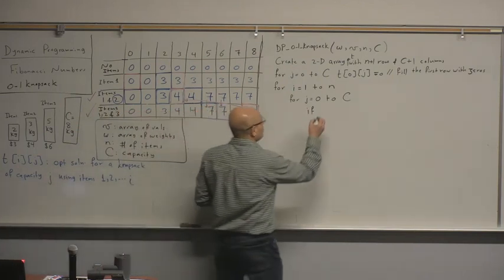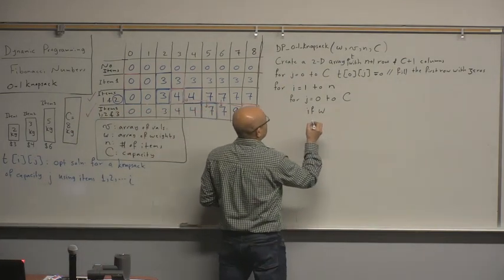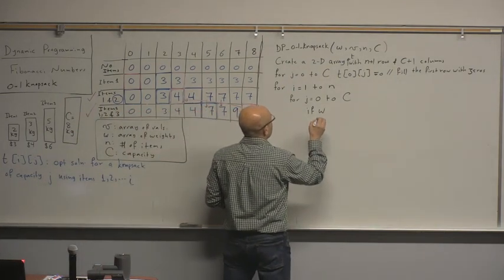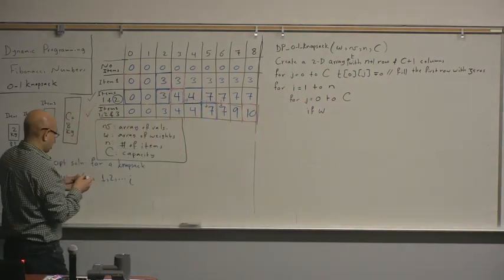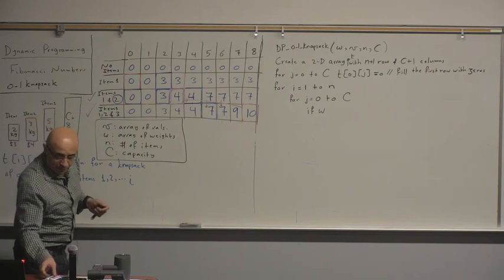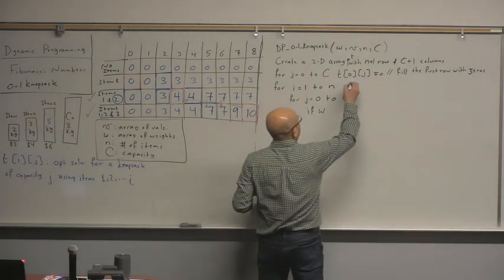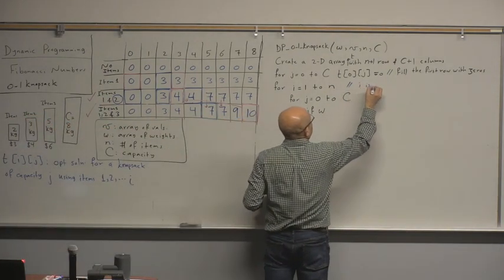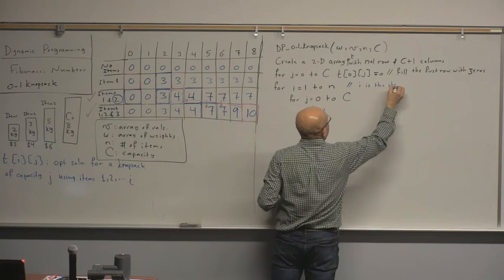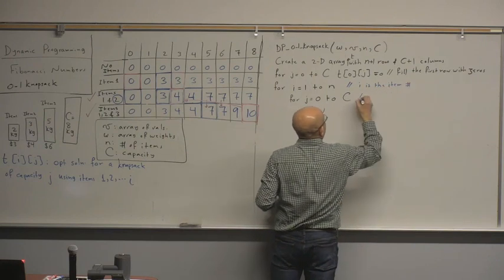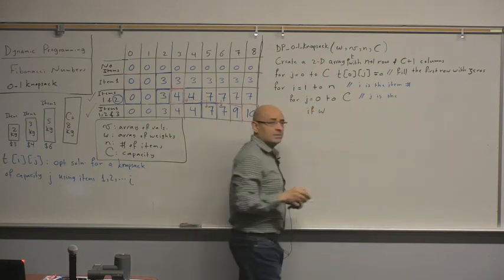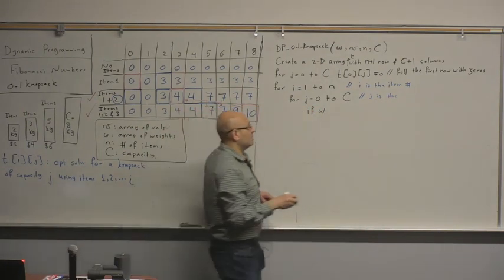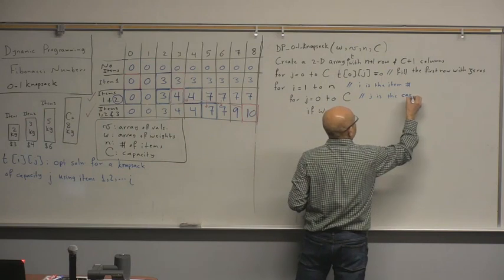So let's put a comment here. i is the item number, j is the capacity. The column is the capacity.